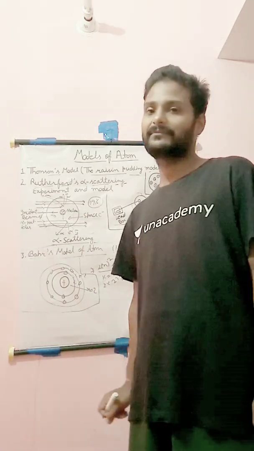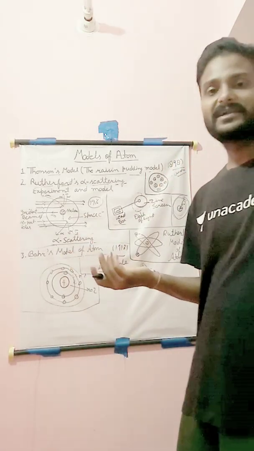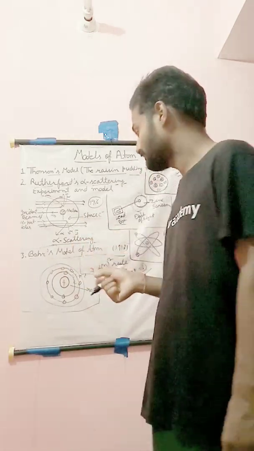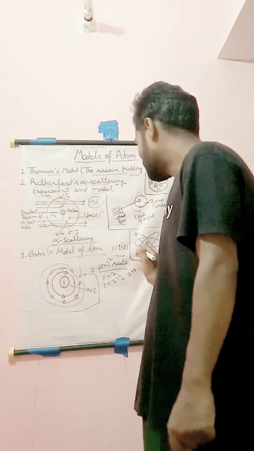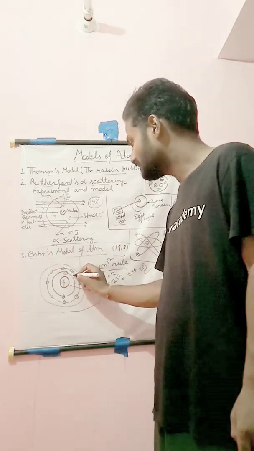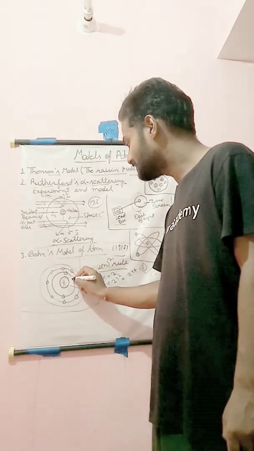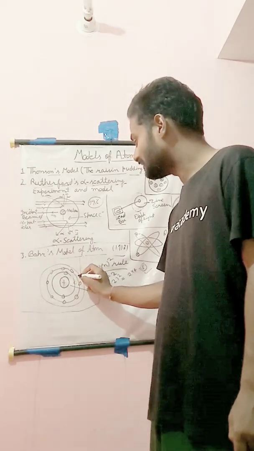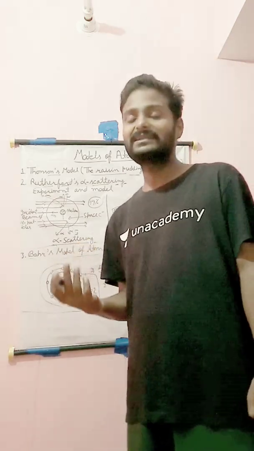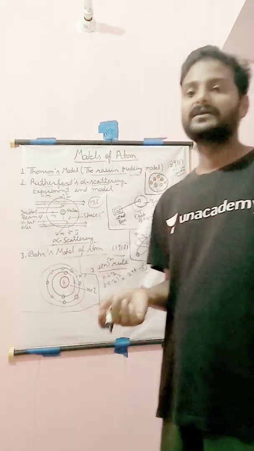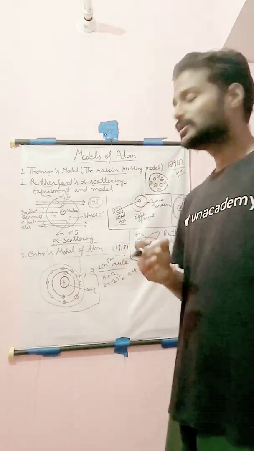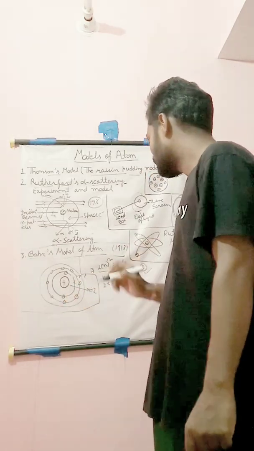Only 8 electrons can be occupied by any element in its outermost shell. And its next shell, which is next to this orbit, suppose this is the K shell and the next will be L, can carry a maximum of 18 electrons. So these are some rules of 2n square.